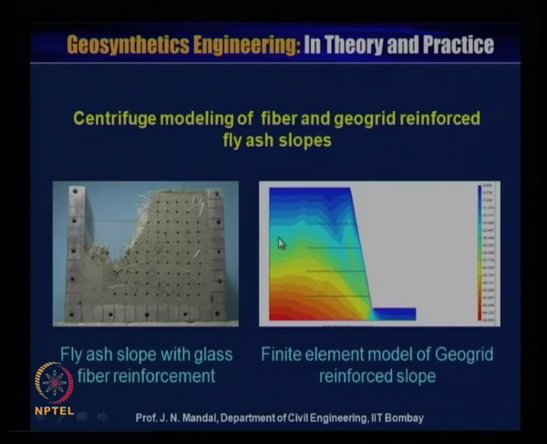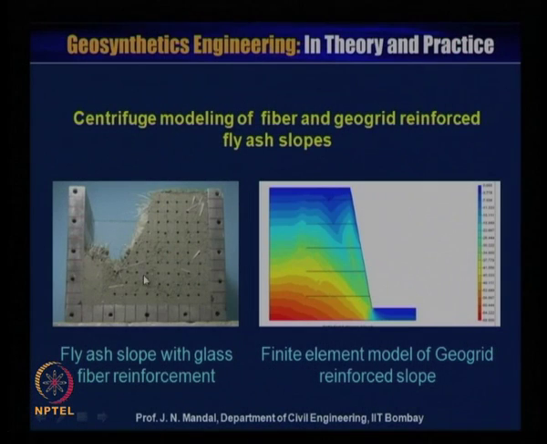Also, some of my students have used this centrifuge modeling, as I was telling, for fiber and geogrid fly ash slopes. This is the basket for the fly ash slope, and glass fiber is also used as a reinforcement. This white color is the glass fiber, and this centrifuge test has been performed.